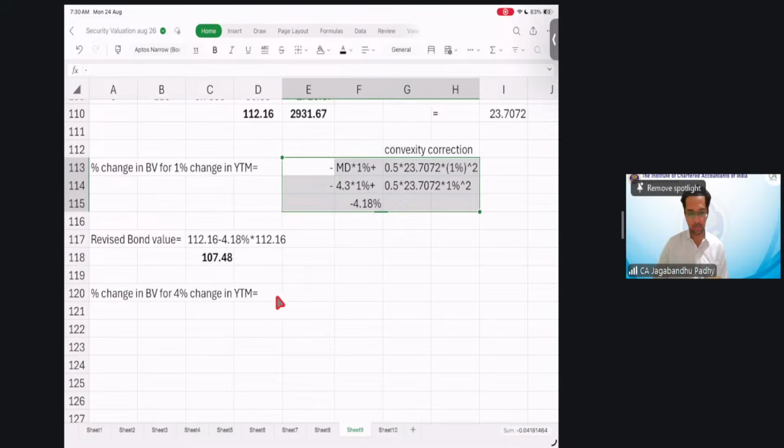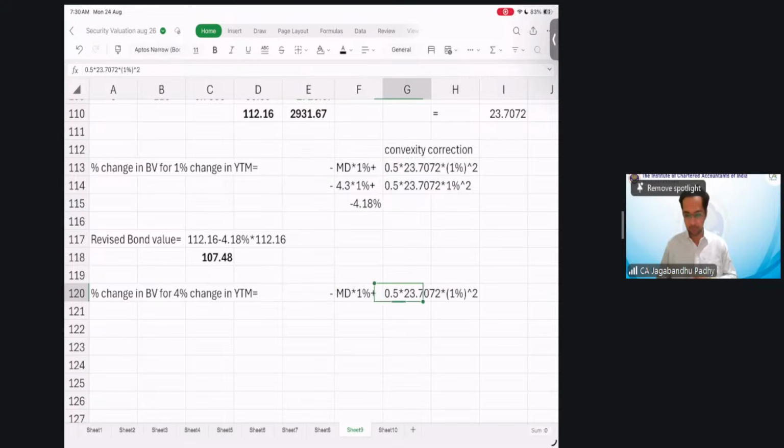Get this percentage change in bond value for 4%. Well, the formula over here will be similar, but instead of 1%, now it will be 4%. So give me the percentage change that we are expecting for a 4% change in YTM.